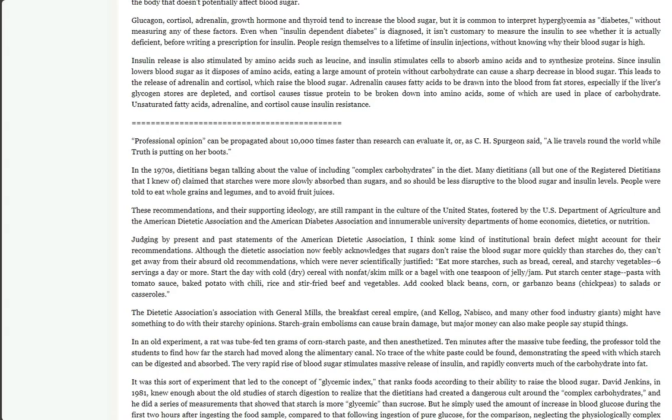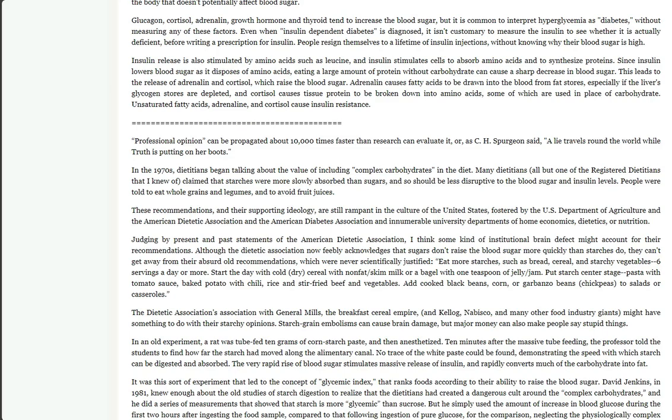Insulin release is also stimulated by amino acids such as leucine, and insulin stimulates cells to absorb amino acids and to synthesize proteins. Since insulin lowers blood sugar as it disposes of amino acids, eating a large amount of protein without carbohydrate can cause a sharp decrease in blood sugar. This leads to the release of adrenaline and cortisol, which raise the blood sugar.